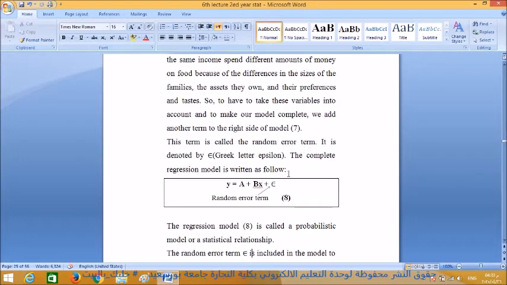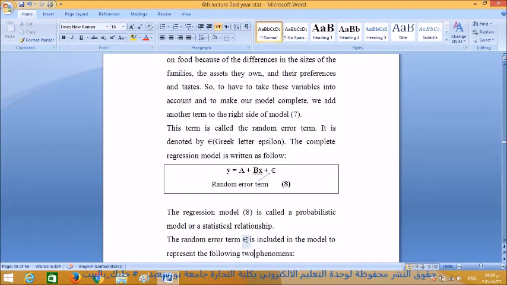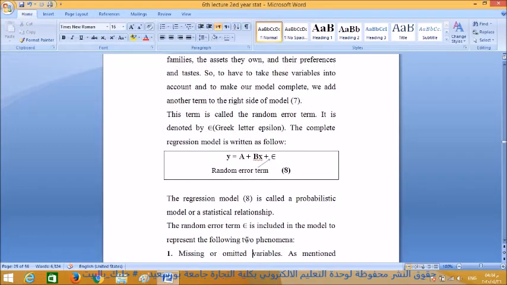So this model is called a probabilistic model, not deterministic like the previous one. The random error term epsilon is included in the model to represent the following two phenomena.